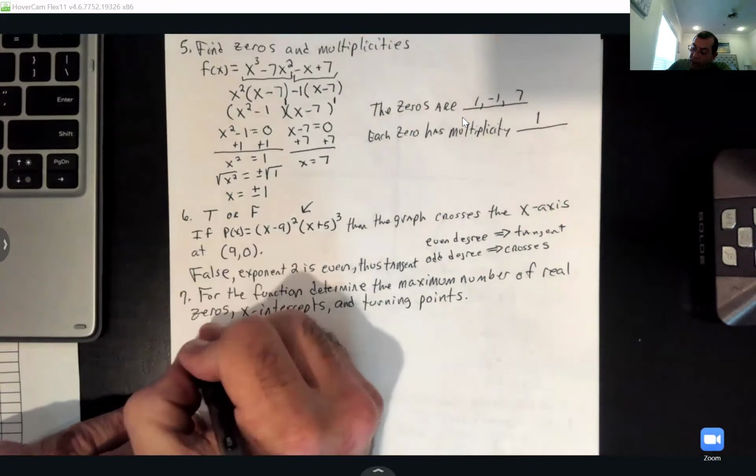Zeros and x-intercepts are the same thing, ain't they? So that's going to be 4 again. Good job. Now, the one that's going to be different is what's the maximum turning points? 3. Good job. So equals the degree, equals the degree, equals the degree minus 1.